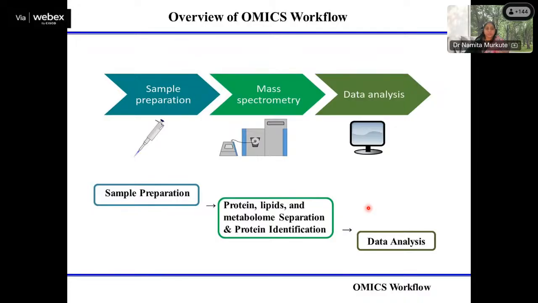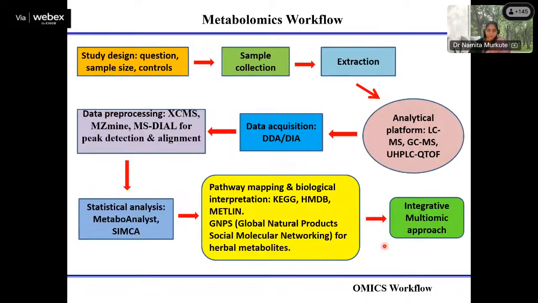In case of metabolomics, the Simca software is there. This is a paid software. And MetaboAnalyst is another software which is used for data analysis. And this MetaboAnalyst is free software, and mostly this software is used for analysis of metabolomics data.